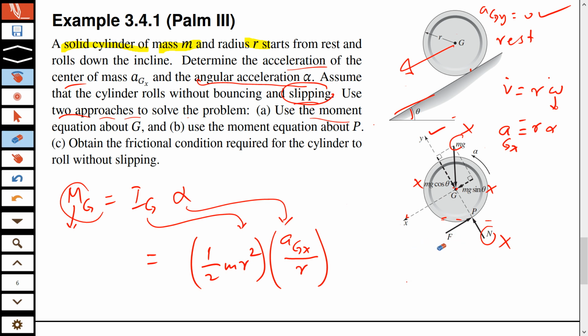Friction force is along this direction. This is the arm length, and because this is G, you get this counterclockwise turning effect, and because it is in line with alpha, that will be plus. The force is F, so we have F times R.